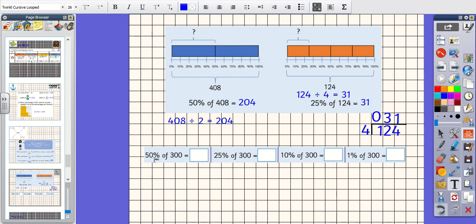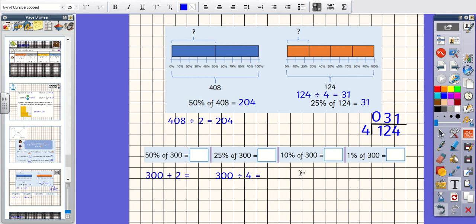Okay then, so here we are going to do 50% of 300. So it would be 300 divided by 2, because if we find 50%, we need to divide by 2. 25% of 300, so we would do 300 divided by 4.